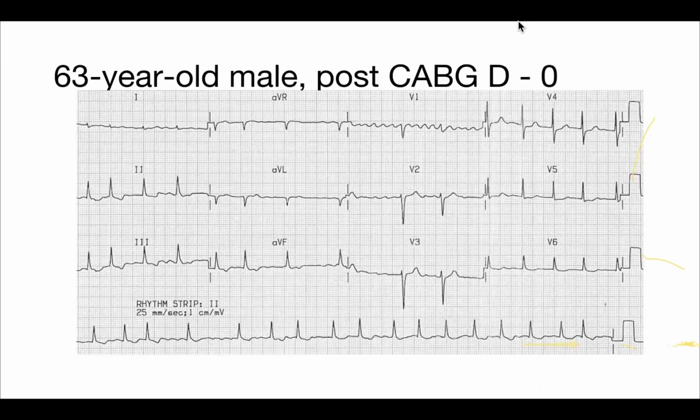Okay. Since we have discussed atrial fibrillation, this is how they can give atrial fibrillation ECGs in your OSCE. So this is one ECG they can give. A 63-year-old male soon after CABG, right? This is a common thing we will see after cardiac surgery or any other surgery or any other medical illness.